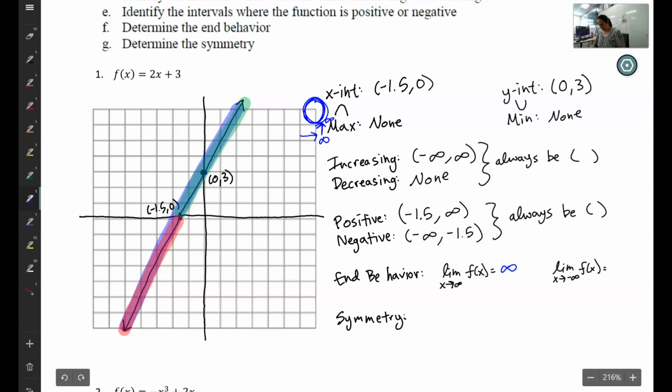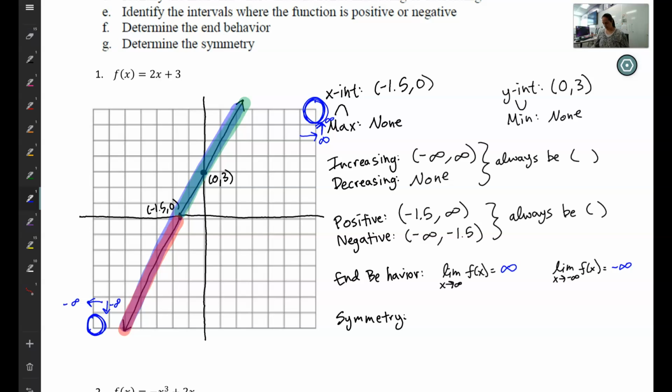Then we also have, as the graph goes to negative infinity to the left, this graph is pointing down, so to negative infinity. That's what those statements mean. As x goes to infinity or the right, where is the graph pointing?